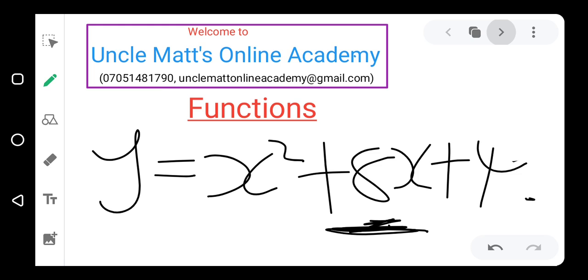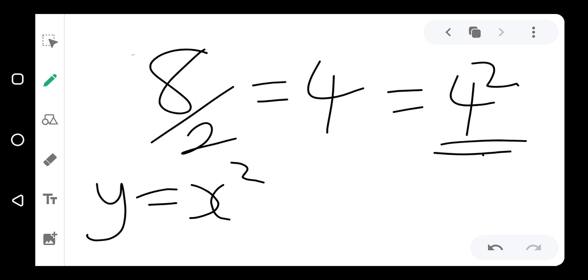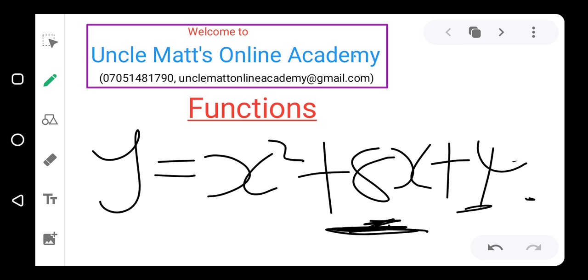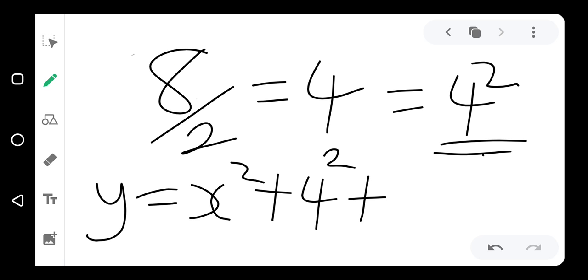So what we are going to do now is x squared plus 4 raised to power 2, then plus this 4 is there, so we still keep it. Now plus 4. Now we subtract it again from this end, minus 4 raised to power 2.